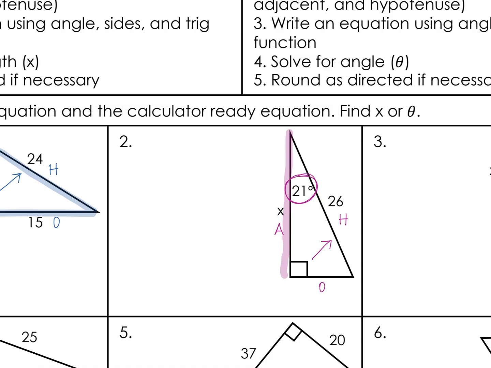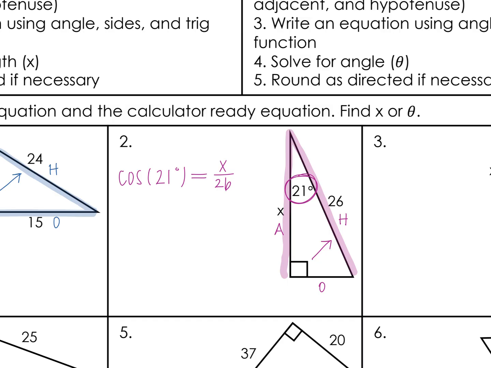That's what I'm trying to find. And then we have our hypotenuse length. So my a and h is going to tell me that I'm going to use cosine of my angle, 21 degrees, is equal to my adjacent x over 26, my hypotenuse. Okay, so this is my initial trig ratio equation.